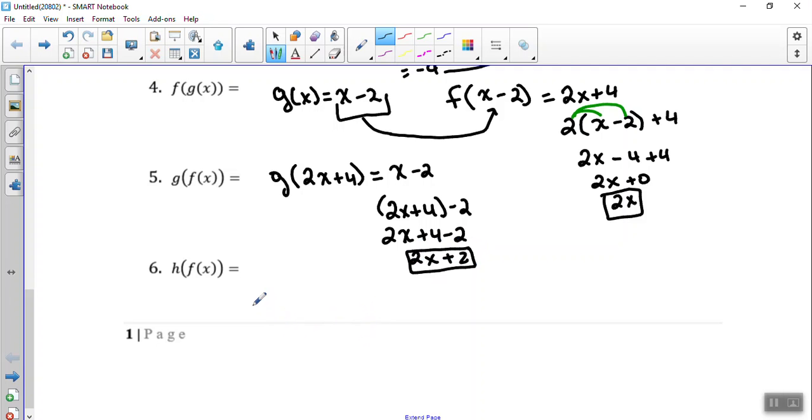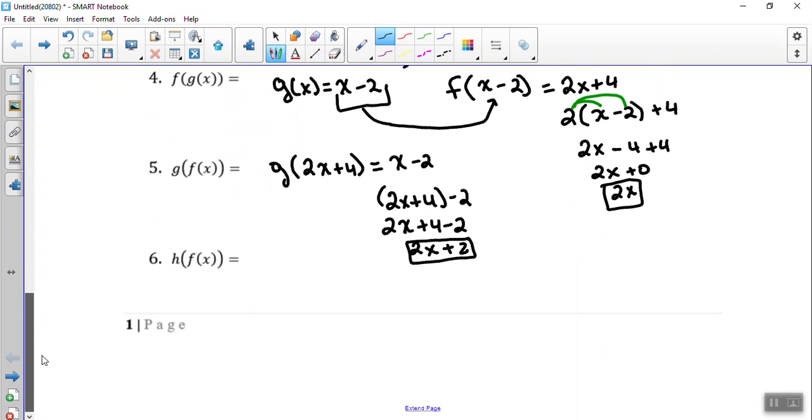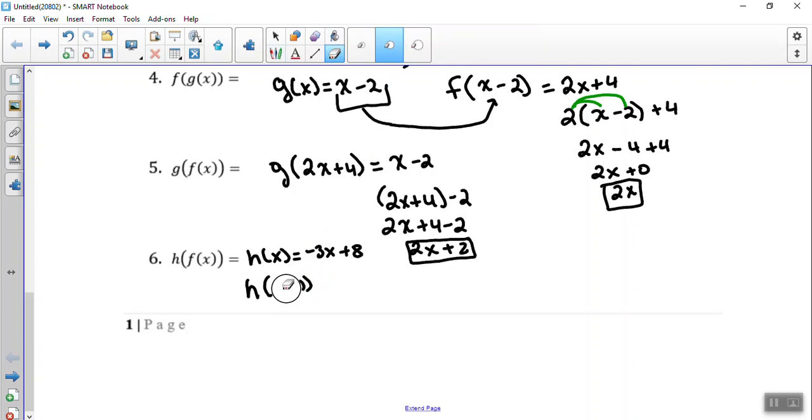Okay, the last one. I have h of x is negative 3x plus 8. And inside h of x, I'm asked to plug in f of x. I want to write what f of x is.